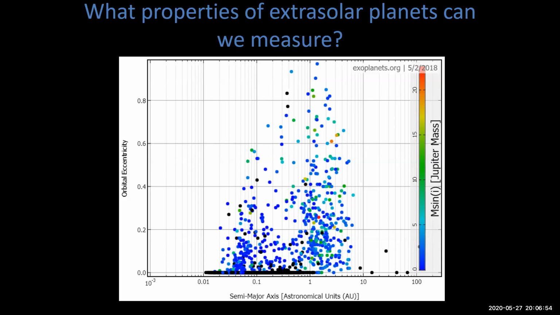But in this case, it's based on Jupiter masses again, so not based on Earth masses. So the orange, yellow, red, green, these are the 10 Jupiter mass planets. And then kind of like the blues and blacks, those are the Earth mass planets.